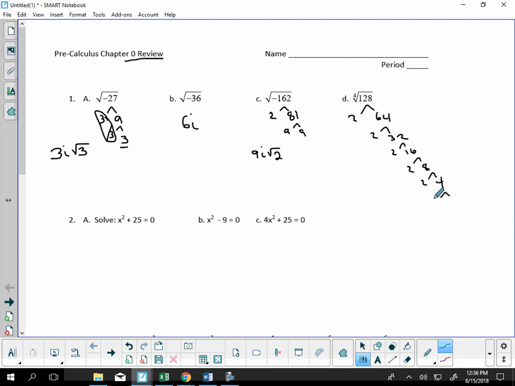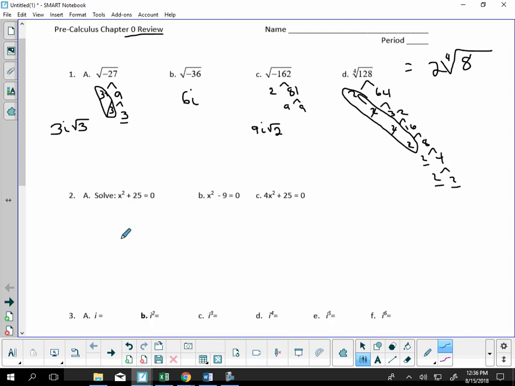And 2 times 2. And again, they need to go in groups of 4. Only one is going to make it out. Right here I have 3 2's. So 2 times 2 times 2 is 8.